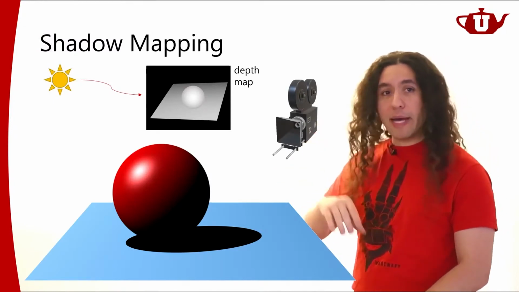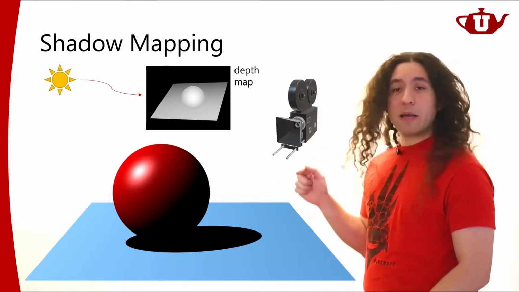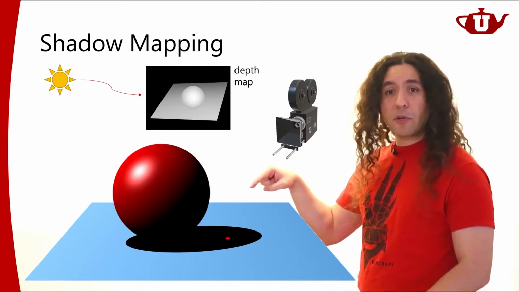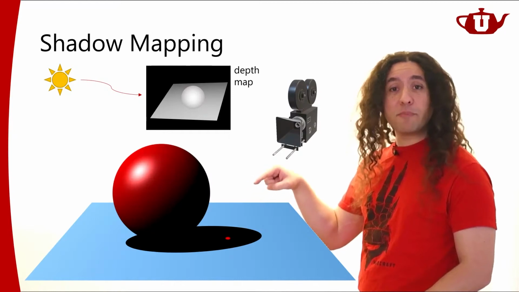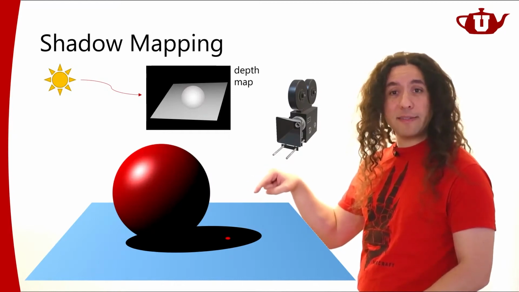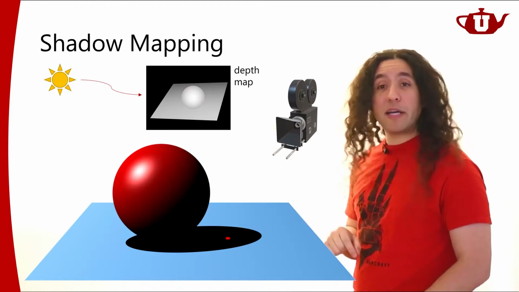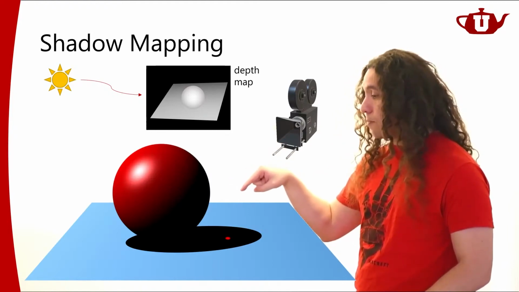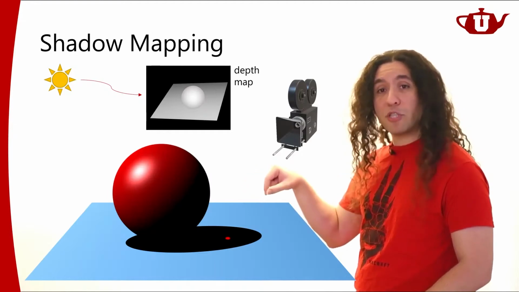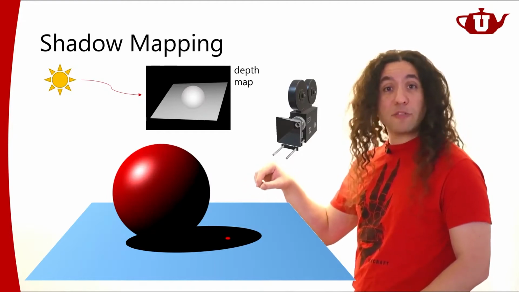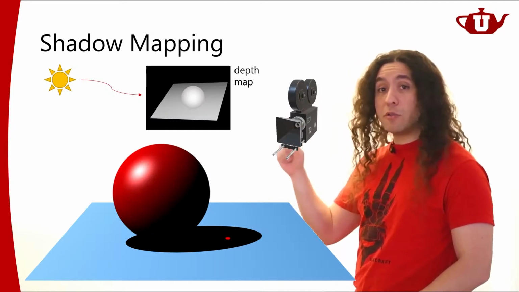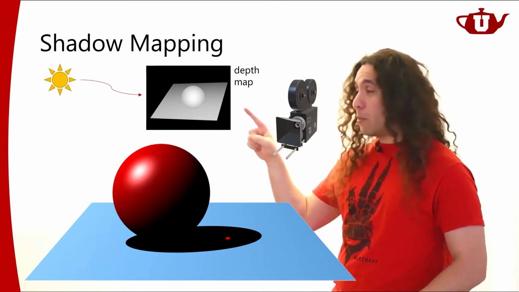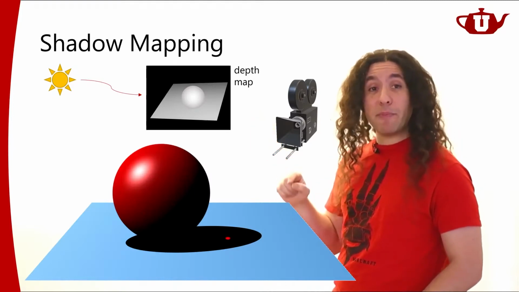For any fragment, I'm going to find the corresponding position of that fragment on my shadow map. I'm going to take the position of the point that I'm shading and transform it to a position on the light camera, and that will tell me where it is on this depth map.